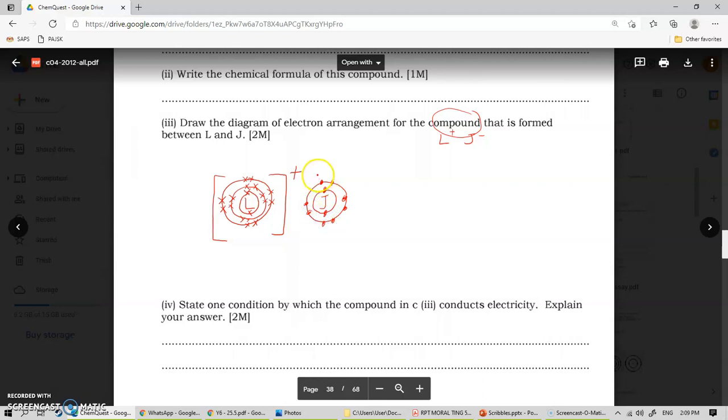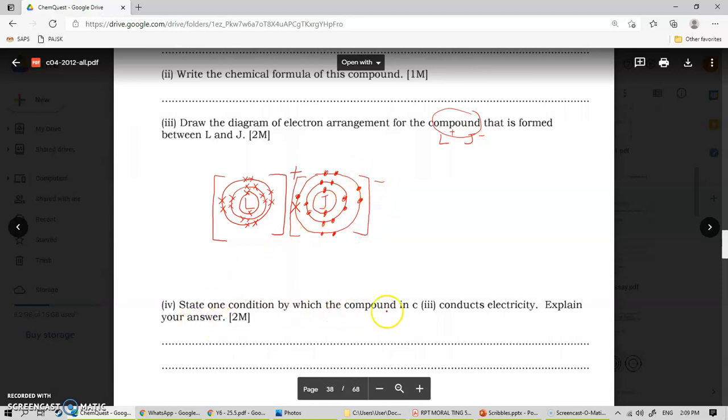And the third shell initially has 7 electrons. This is group 17, so 7 electrons. Then it has received 1 electron from L. So I'll put an X there to show that L is the one that donated that electron to J. Again, I'll draw a square bracket and a negative ion.